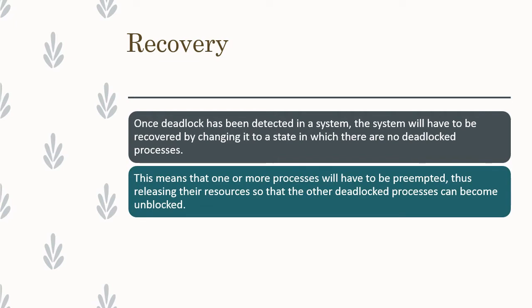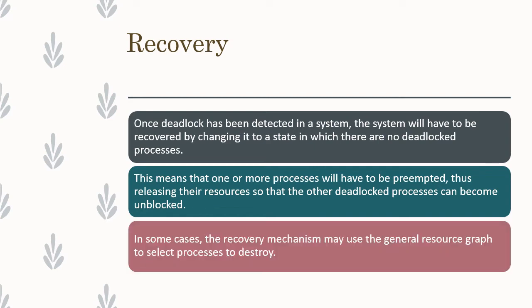This means that one or more processes will have to be preempted, thus releasing their resources so that the other deadlocked processes can become unblocked. In some cases, the recovery mechanism may use the general resource graph to select processes to destroy.